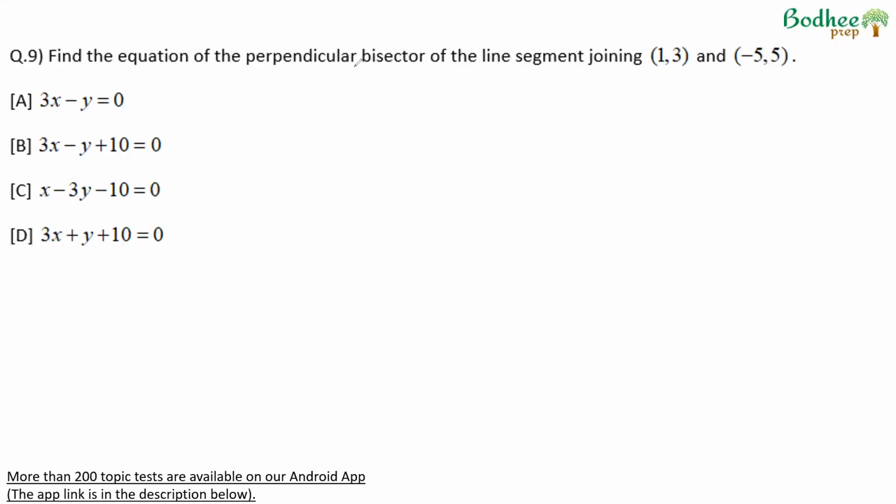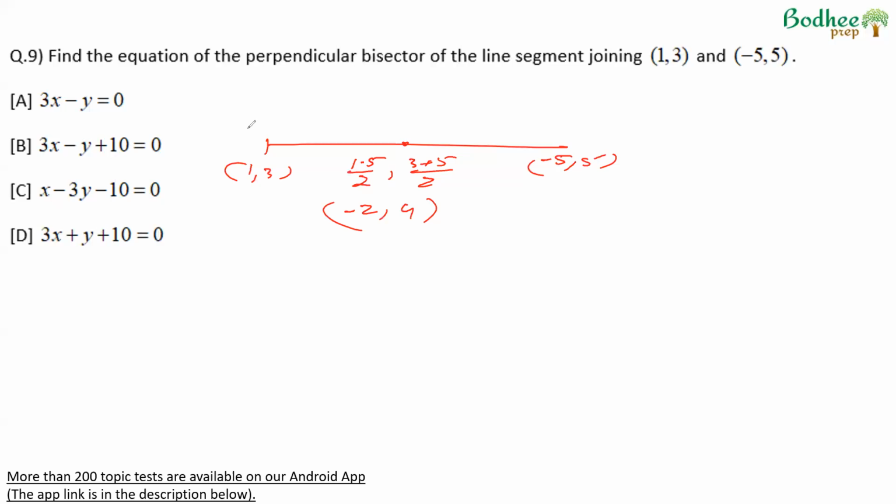Find the equation of the perpendicular bisector of the line segment (1, 3), (minus 5, 5). Perpendicular bisector. So the point at which this is bisected will be x1 plus x2 upon 2, y1 plus y2 upon 2: 1 minus 5 by 2, 3 plus 5 by 2, which is minus 2, 4. So first of all, the line has to satisfy these coordinates.